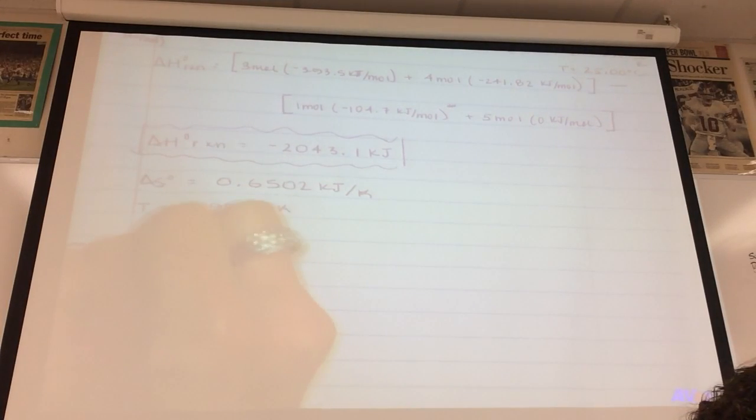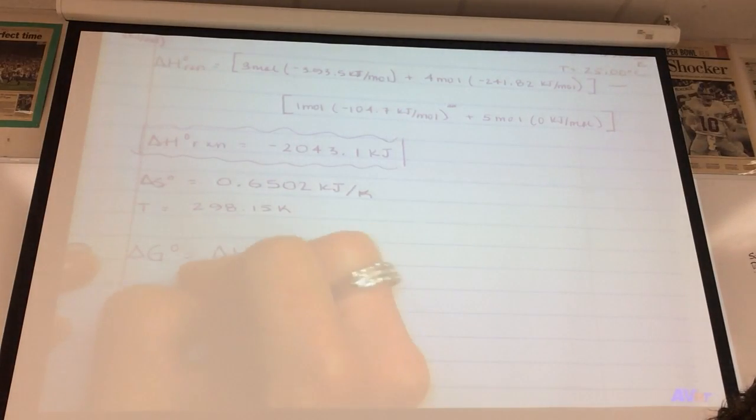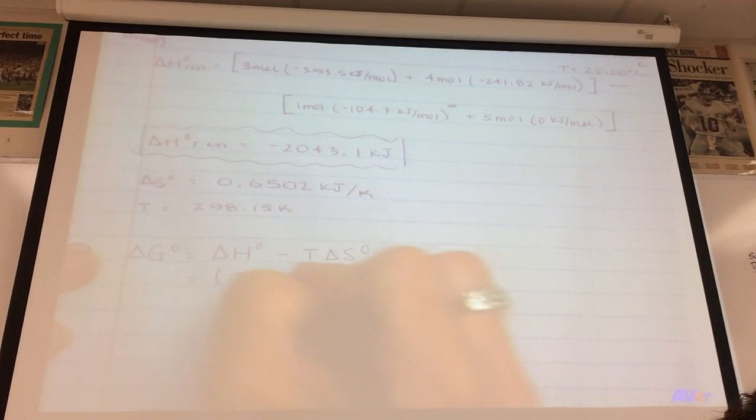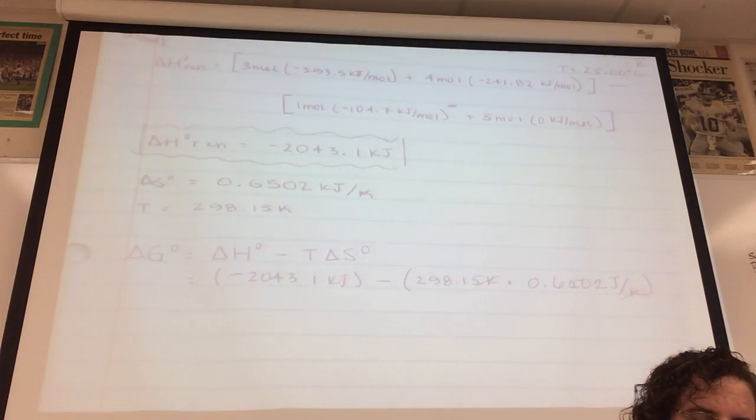What's our formula to determine delta G? Delta H minus T delta S. Negative 2043.1 kilojoules minus 298.15 Kelvin times 0.6502 kilojoules per Kelvin. The Kelvin cancels.